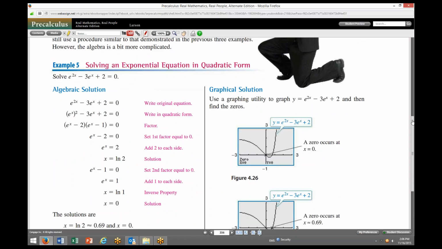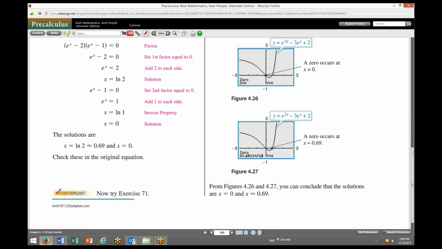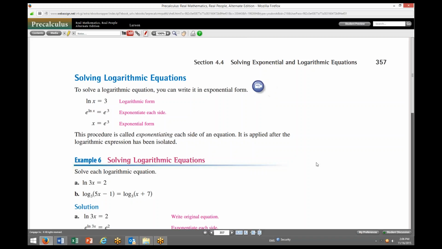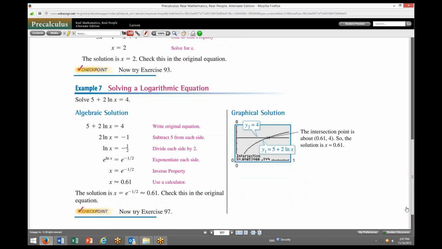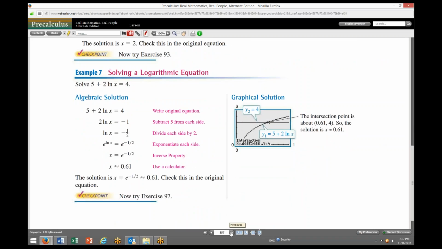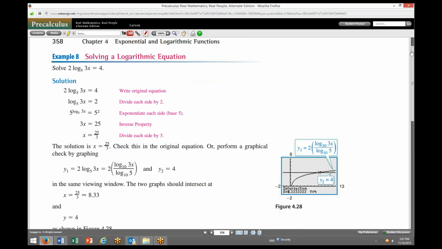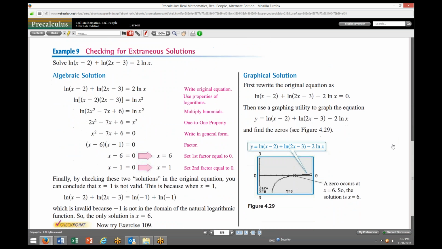So both of those are good answers. But let's look at a problem where it can get a little more involved and it's not quite so simple. For instance, sometimes we come up with what are known as extraneous solutions.